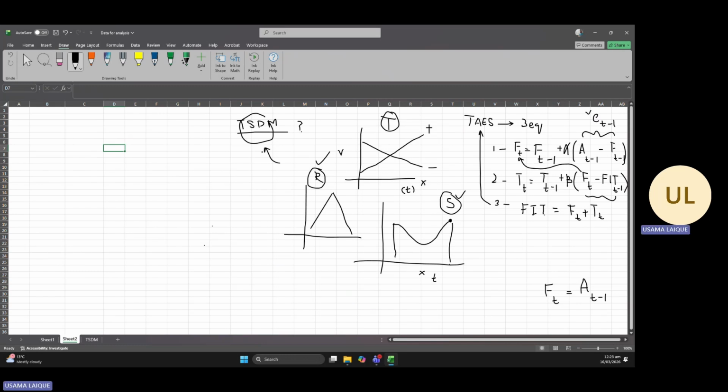Now, what happens in a time series decomposition model? As the word suggests, decomposition means breaking down. First of all, we break down the data into the seasonality and irregularity, then we isolate the trend, and then in a particular mathematical manner, we combine the data together and we get the forecast for data that has a trend accompanied by a seasonality.